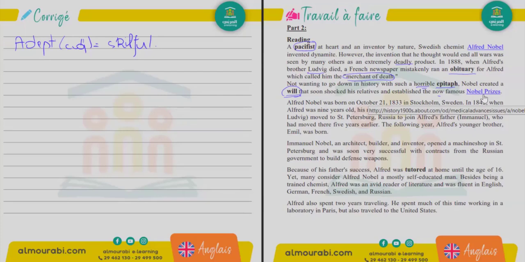Alfred Nobel was born on October 21, 1833 in Stockholm, Sweden. That answers which question?